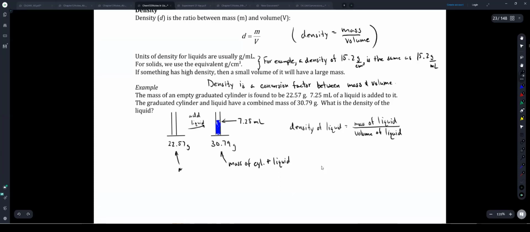Just a container. Exactly. So the mass of the cylinder. This is where I have to use what's called the method of differences, or mass by differences. How do I find the mass of the liquid? You take the one with the mass of the cylinder and the liquid, and then, exactly, you subtract. Very good.